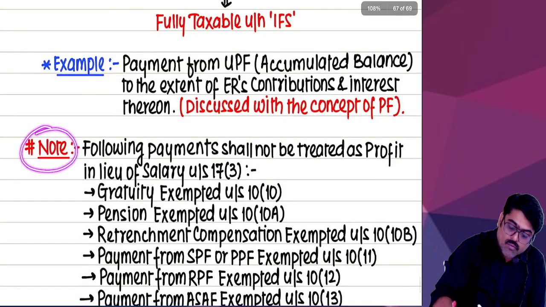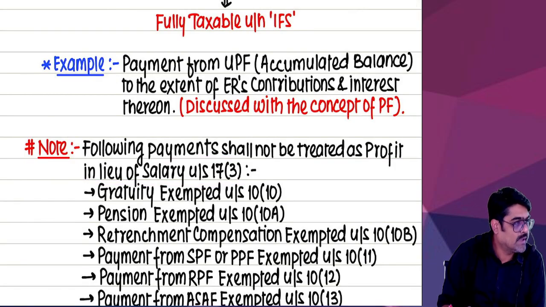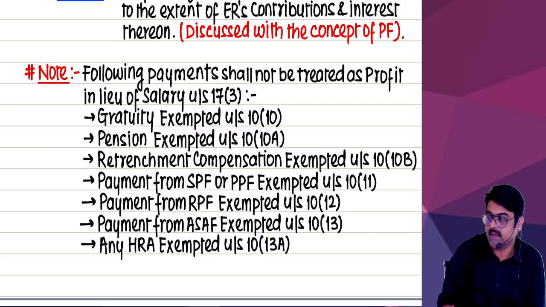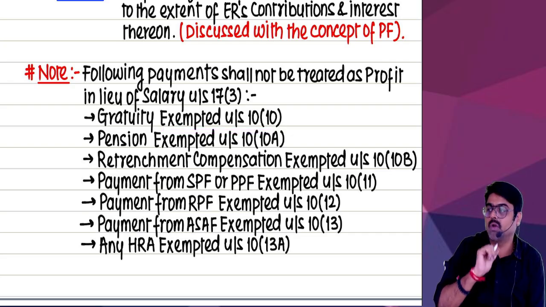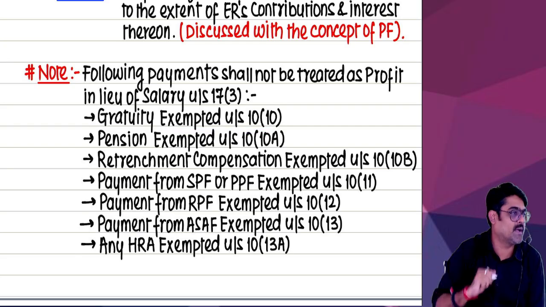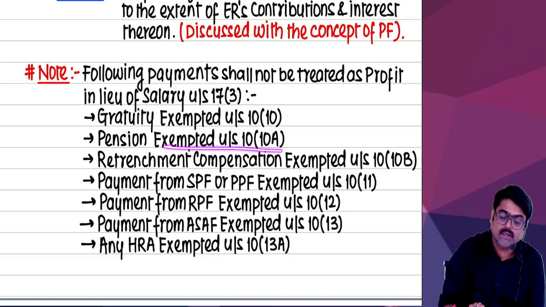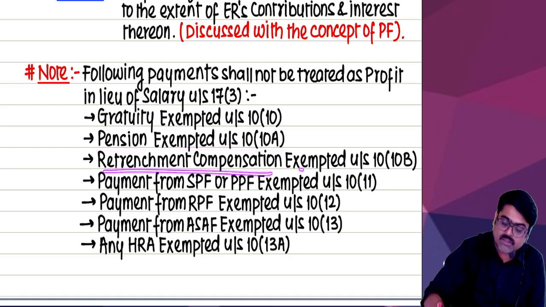Now, note, the following payments shall not be treated as profit in lieu of salary. Payment coming in the name of gratuity, which is exempted under section 10(10). Don't consider this amount as profit in lieu of salary because this is exempt under 10(10). Amount coming as pension, which is exempt under section 10(10A). Retrenchment compensation, which is exempted under section 10(10B).